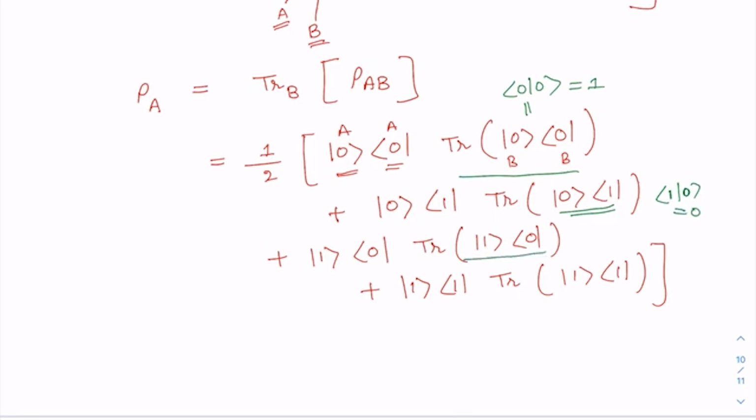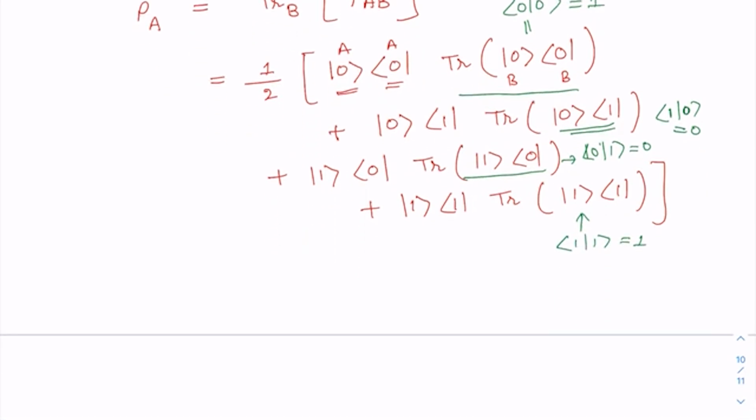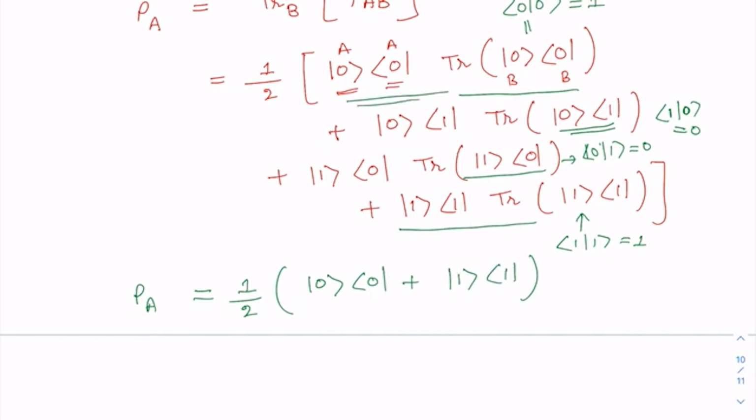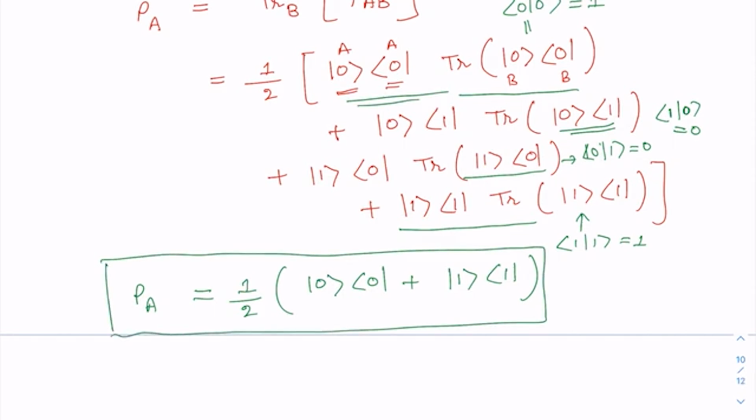Here also I will get <0|1>, and this is going to give me 0, right? And finally here I will get <1|1>, and this is going to give me 1. Therefore we are left with rho A equal to half (|0><0| plus |1><1|). These are the terms that will be left, and this is the density operator or density matrix for the system A.